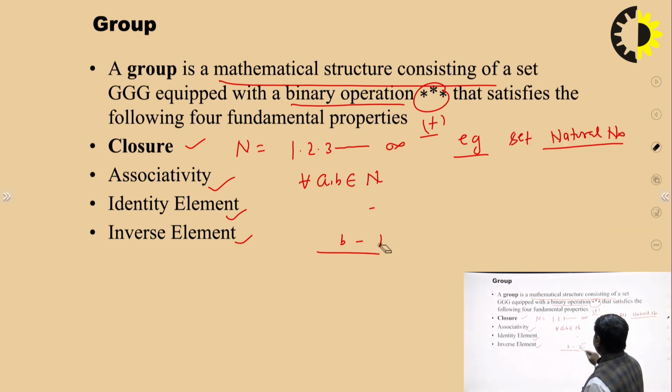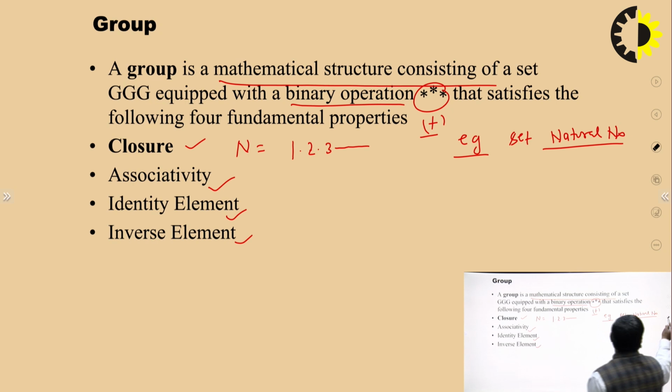Now, the next one is known as the associative law. Associative law is the testing of the next phase. In closure property, we operate on two elements. In associative law, we are testing three elements. For every three elements, if we operate the binary operation and the result also belongs to the same set, then we can say that this mathematical structure is known as a group.